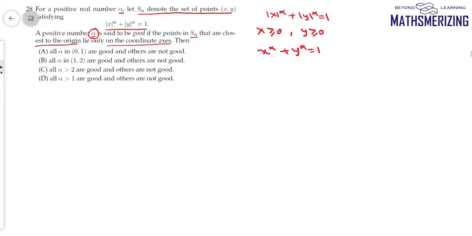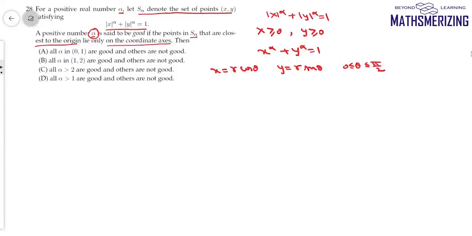Now since we are discussing distance from the origin, I'll express x as r cos theta and y as r sin theta, where theta varies from 0 to pi by 2.